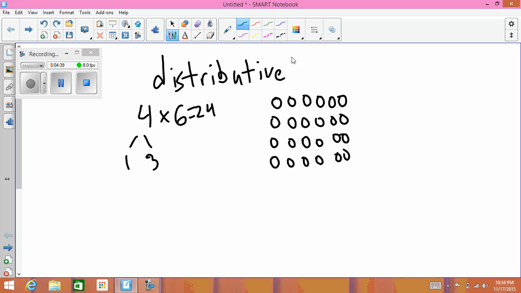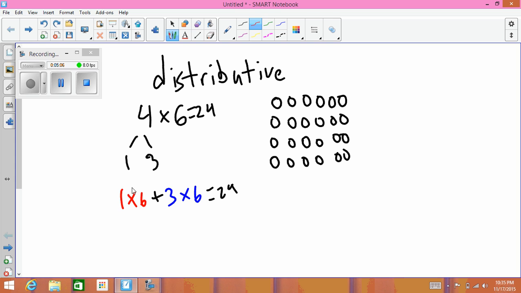According to the distributive property, I can rewrite this problem as 1 times 6, sorry, let's color code it to make it easier to see, as 1 times 6 plus 3 groups of 6. And then my product should still be 24, since 6 plus 18 is 24.